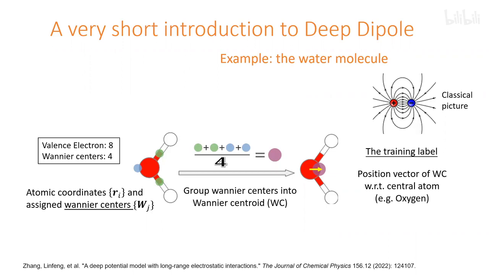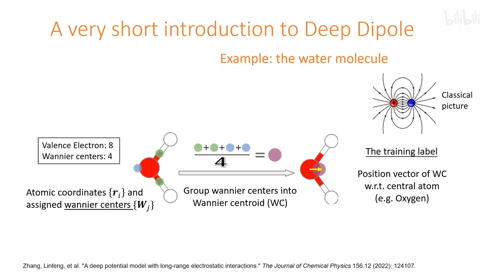Now let's consider each Wannier center is associated to an orbital containing 2 electrons. The effective charge of each Wannier center is minus 2 elementary charge, right? We can take the geometric center of the 4 Wannier centers and call it the Wannier centroid.